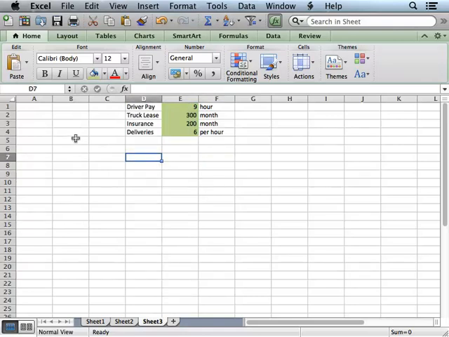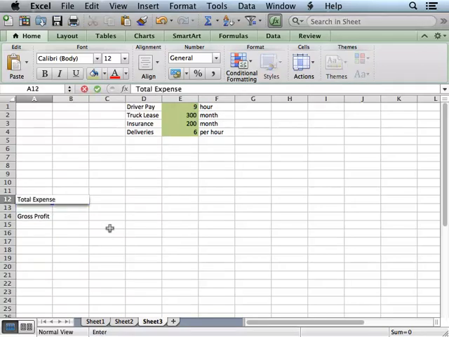Now, as I read the case, I realized that it was an income statement model. So in working backwards on an income statement, we have gross profit. And gross profit is equal to total expenses subtracted from, and on this particular model, we don't have cost of goods sold, so we'll just say from revenue.